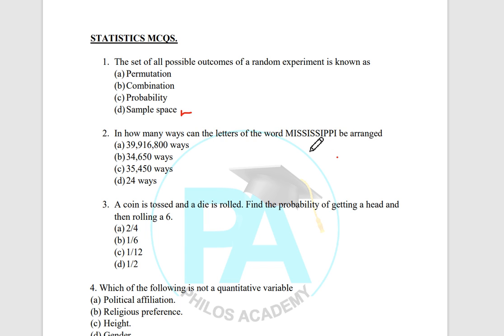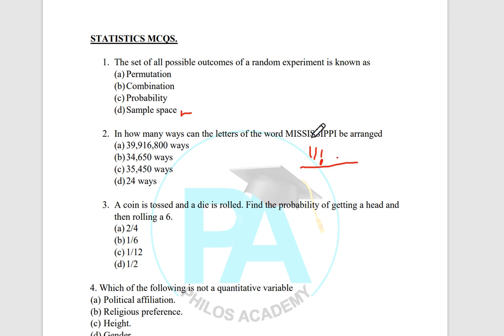So we have 11 letters. So you are going to say 11 factorial. This is how we write factorial. You write it like an exclamation sign, something like that.